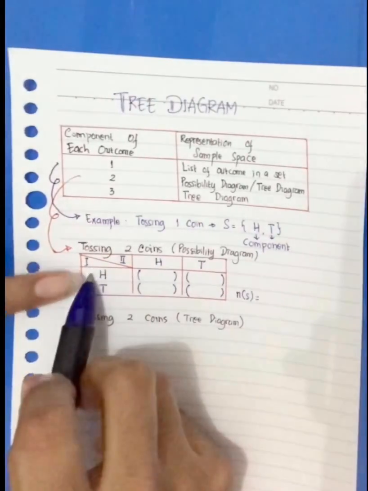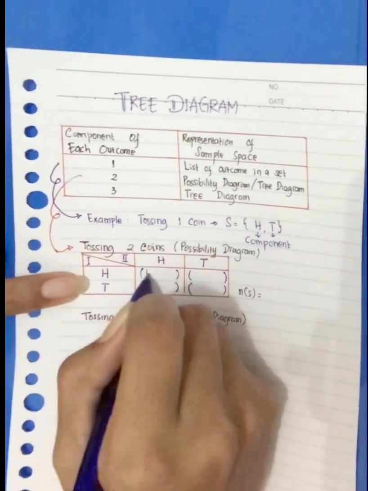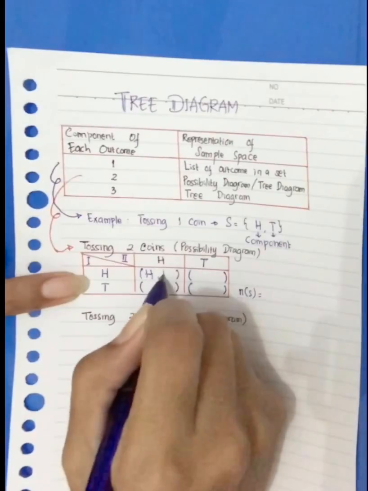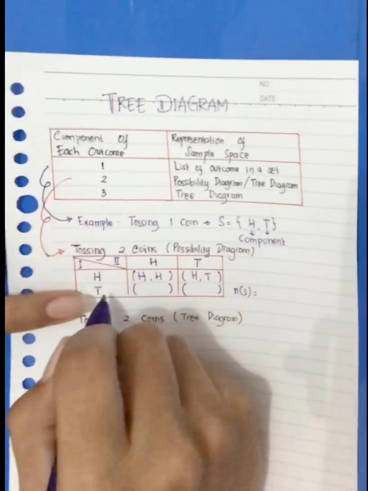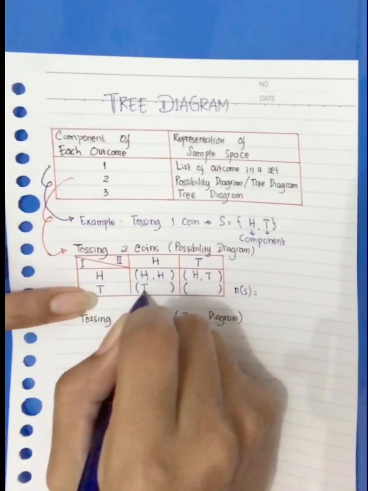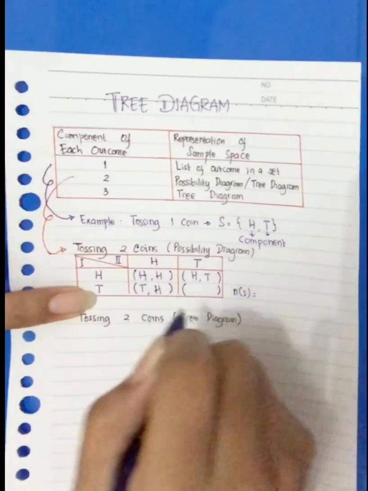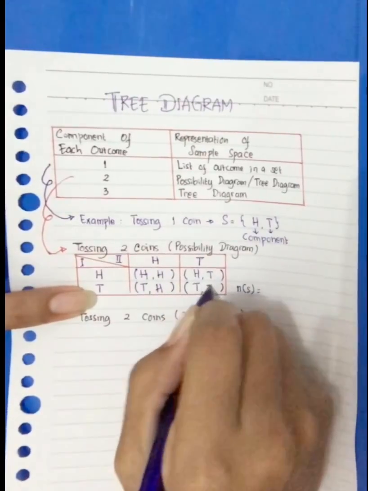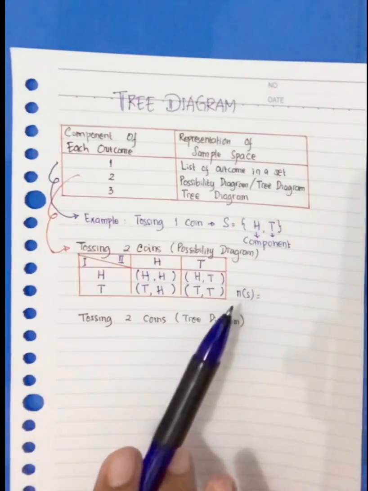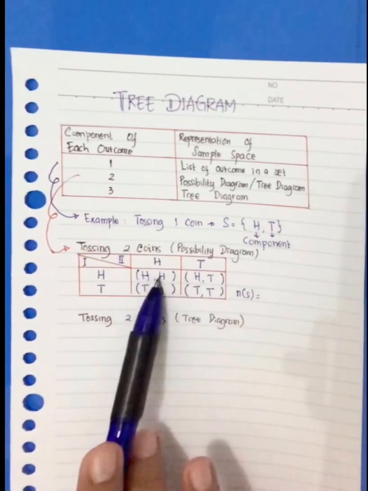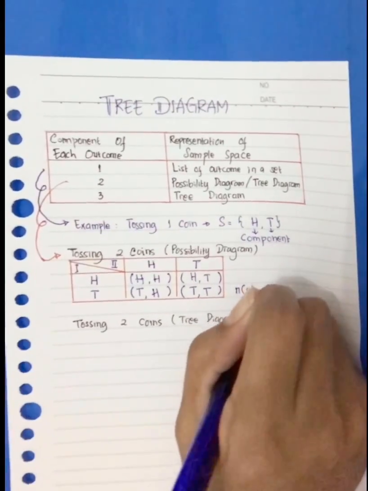Because this is the first coin, we write it first: H, H; H, T; then T, H, where the first coin is tail and the second coin is head; and T, T. So we can see the total number of possible outcomes is 1, 2, 3, 4, so n(S) is 4.